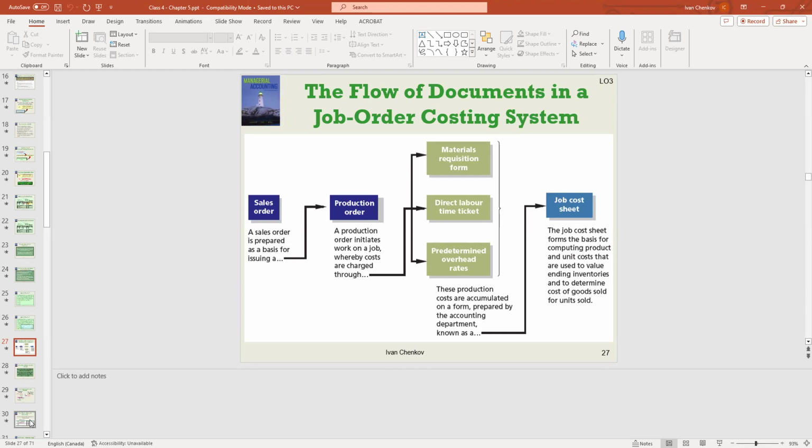For the predetermined overhead rate that we already calculated in the beginning of the period, by applying the allocation base, we're going to calculate the overhead. Everything, direct material, direct labor, and the predetermined overhead, we're going to put on the job costing sheet. And from the job costing sheet, we're going to come up with the cost of goods manufactured. And later on, that will become our cost of goods sold for 1 unit.